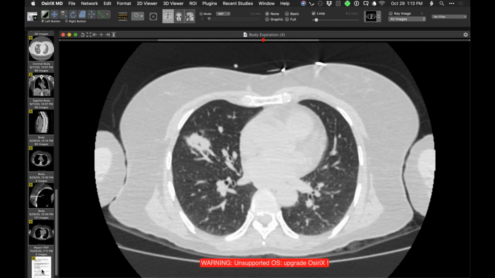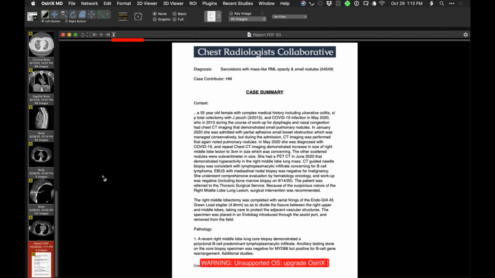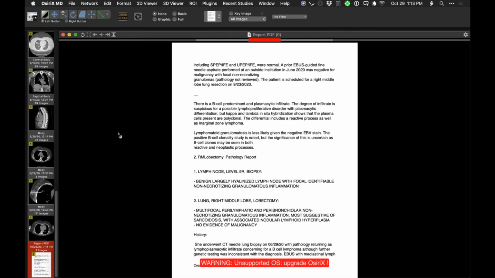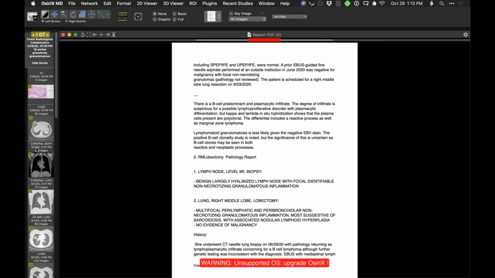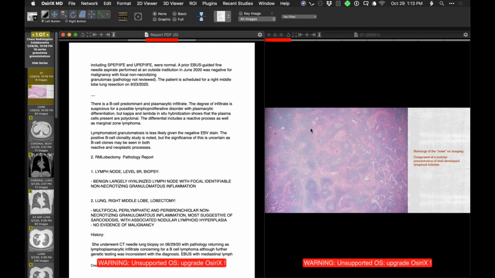So here is the pathology report. And you can see that when the lobectomy was done, and I'll show you right now alongside it, there was some lymphoid abnormality, but dominantly there are non-necrotizing granulomas. So here are, in the biopsy, lots of, and I don't know why, lymphoid follicles that you can see here.